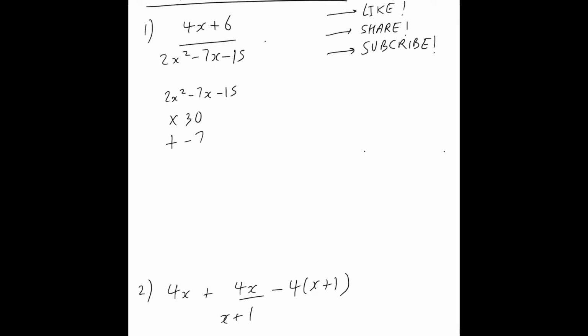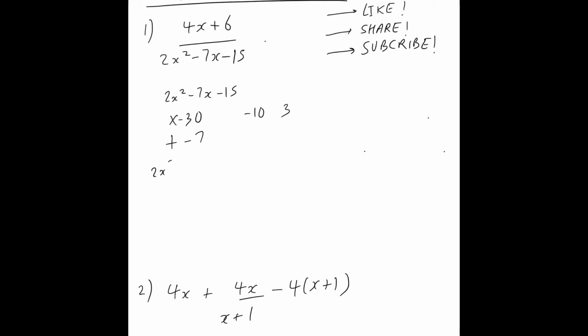They multiply together to give you 30 and differ to give you 7. So we can use the numbers minus 10 and 3: two numbers that multiply to give you minus 30 and add to give you minus 7.